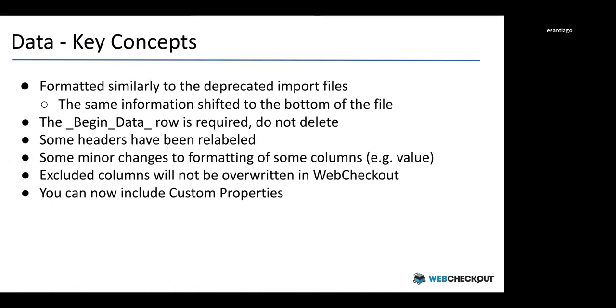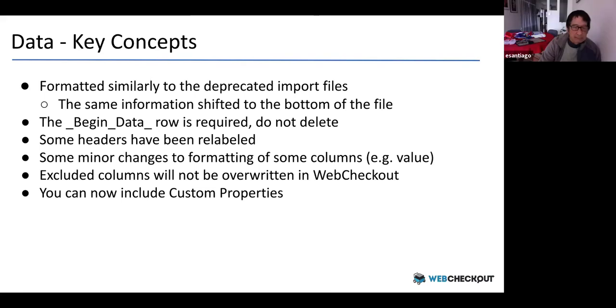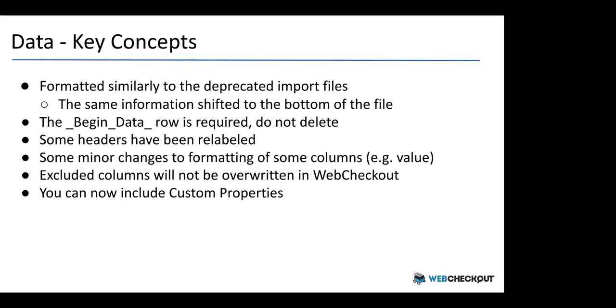You can now import to custom properties. And with this in mind, we always recommend reviewing our documentation when setting up the data section to ensure that you have correct header names and accepted values are formatted correctly. However, if you understand the deprecated import file, you should have no trouble updating the data section of the advanced import file.